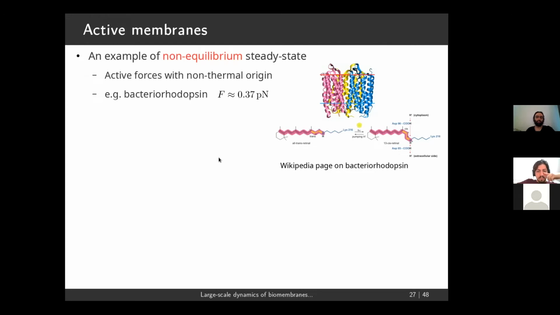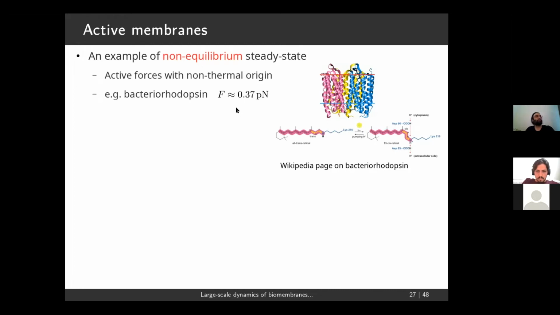Bacteria use this protein for a rudimentary form of photosynthesis. They basically absorb the light energy through this gradient of protons. And when it lets one ion through, it exerts a small force on the membrane. That's what makes it interesting from a membrane biophysics point of view.